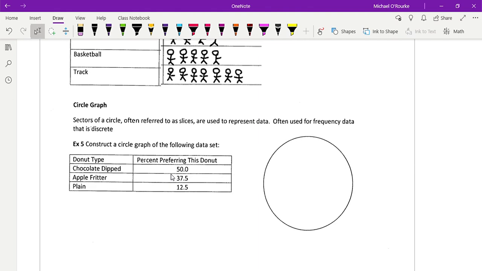Well, what's 37.5% of a circle? Not 37.5 degrees, because there's 360 degrees in a circle.